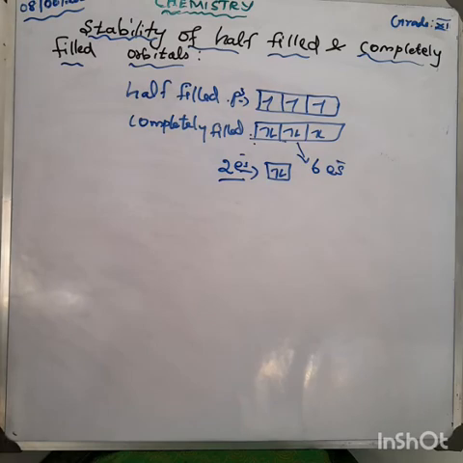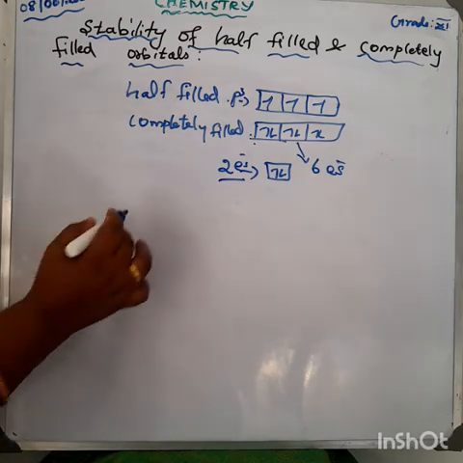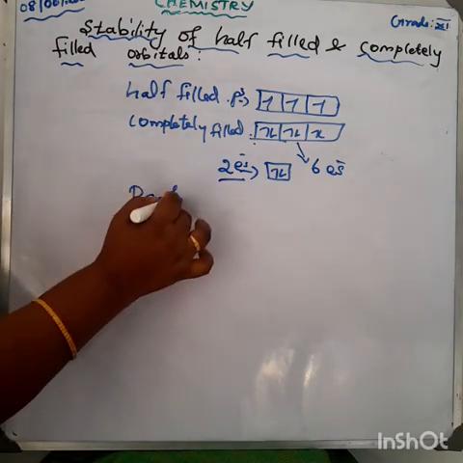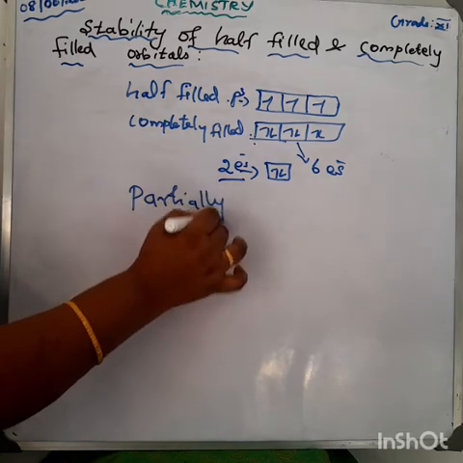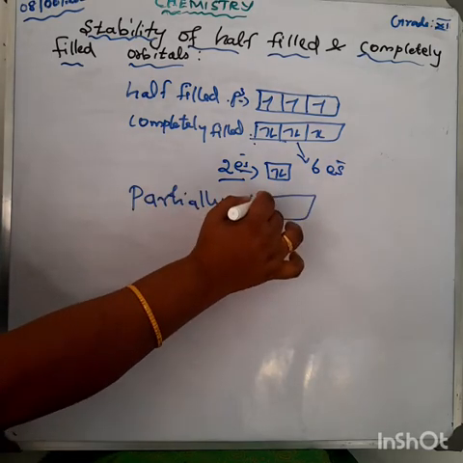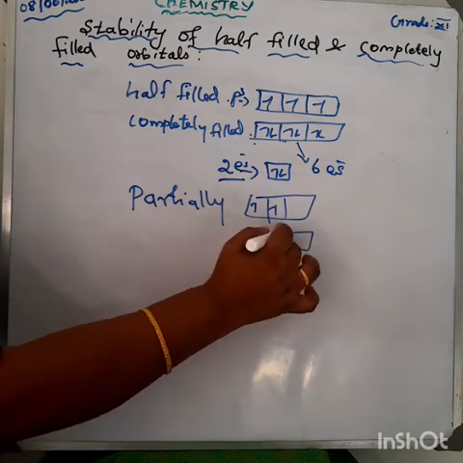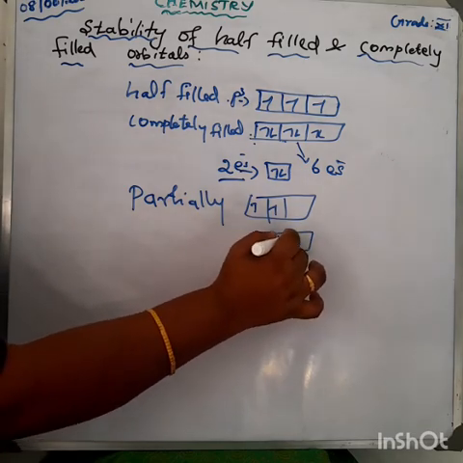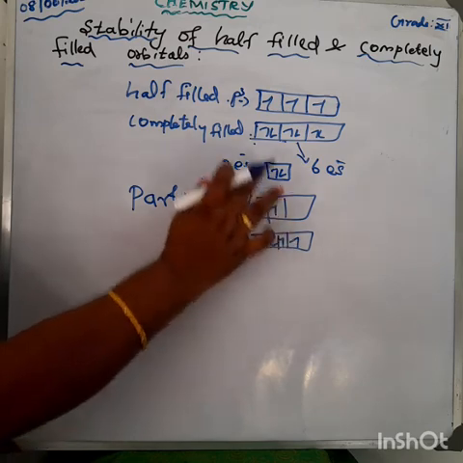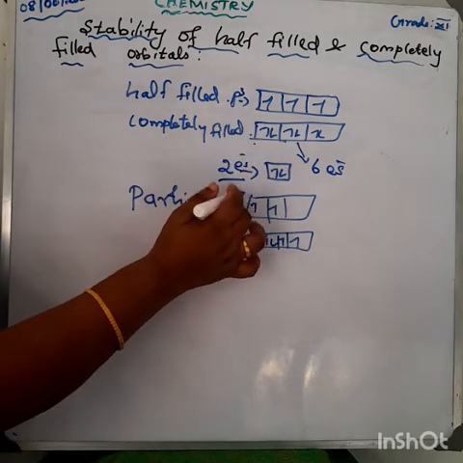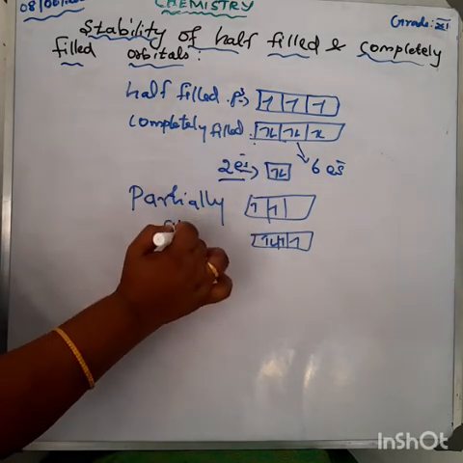What do you mean by partially filled? Partially filled means, suppose there are 2 electrons or 4 electrons. This is the partially filled orbital. So this is the half-filled orbital, this is the completely filled orbital, and this is the partially filled orbital.